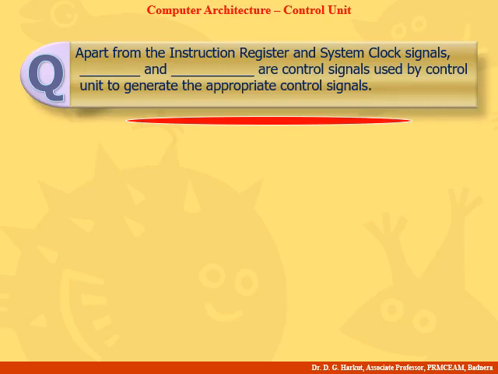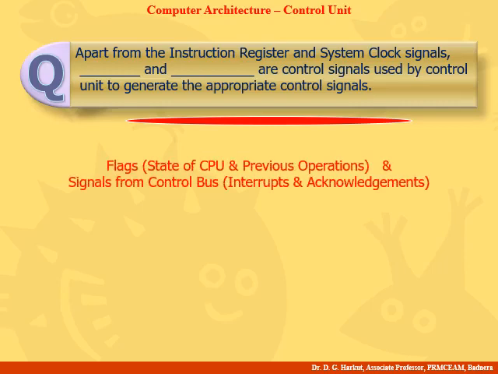Two of the inputs are mentioned, that is instruction register and system clock. You need to identify the remaining 2 inputs which are required by the control unit to generate the appropriate control signals. The answer is flags and control signal from the control bus.